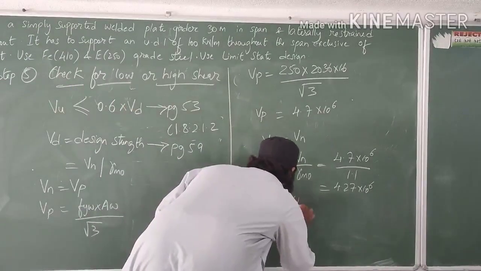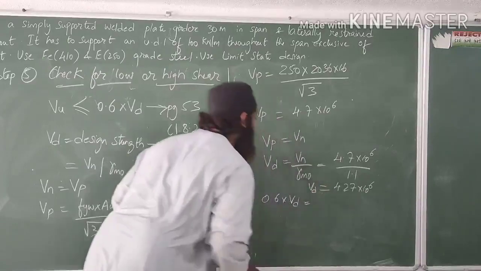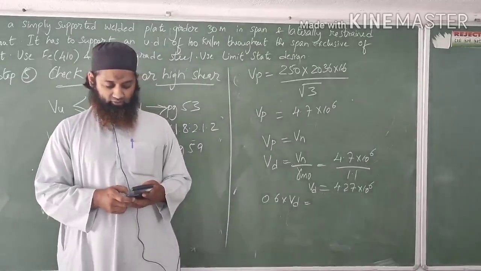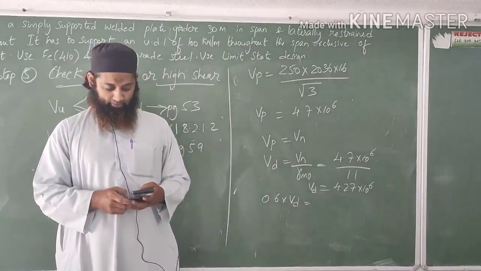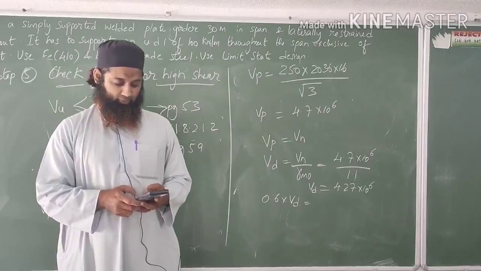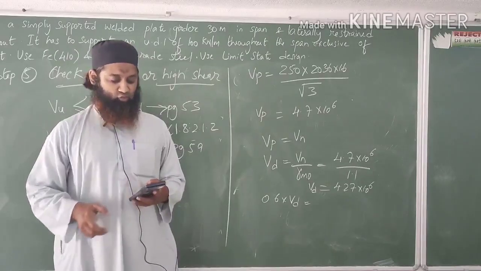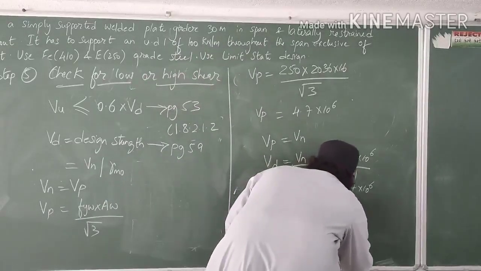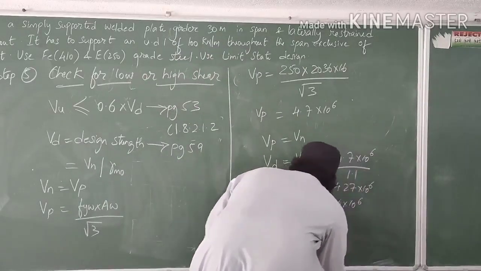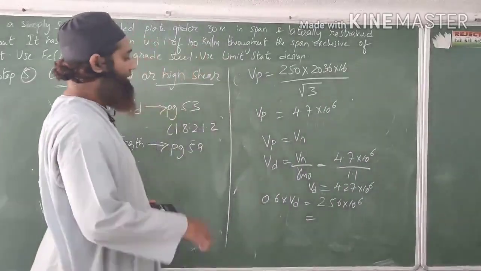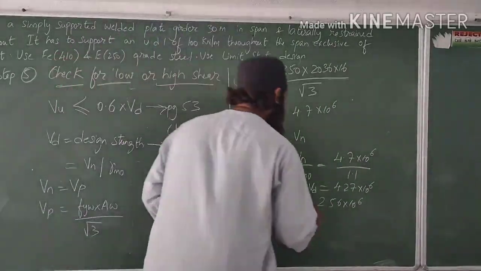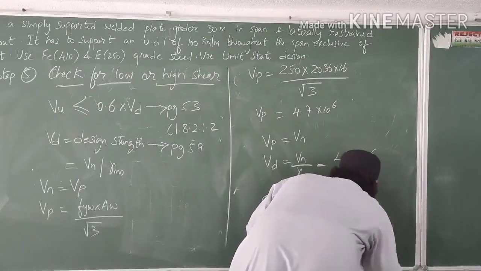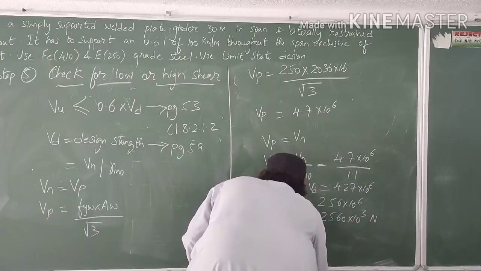Just multiply 0.6 into 4.27. I am getting the value as 2.56 into 10 to the power of 6, which will be 2560 into 10 cube Newton. So this is 0.6 times of Vd.